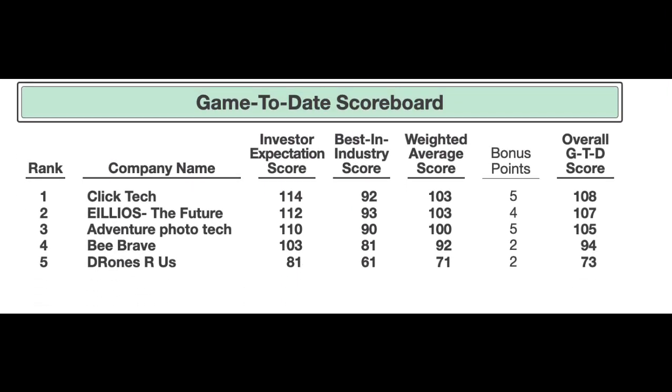Now for the game-to-date scoreboard, Team C is number 1 at 108. Team E is number 2 at 107, and Team A is number 3 at 105. It's a 3-point game if you think about it. So Team C, it's great that you're in first place right now, but I sure couldn't call you the winner yet.